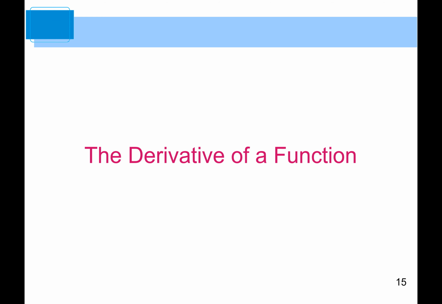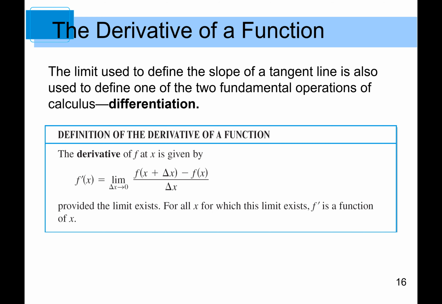So let's take a look at the definition of the derivative of a function. The limit used to define the slope of the tangent line is also used to define one of the two fundamental operations of calculus, differentiation. A definition of the derivative of a function. The derivative of f at x is defined by a limit, right? f prime of x.